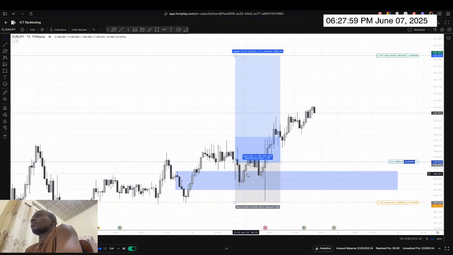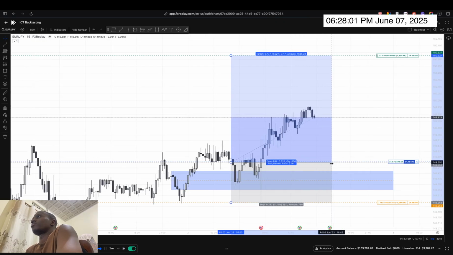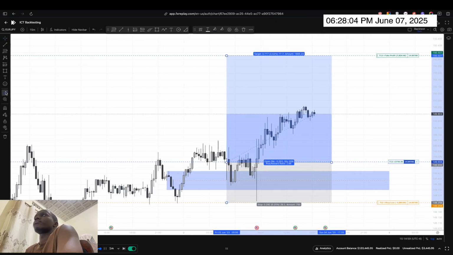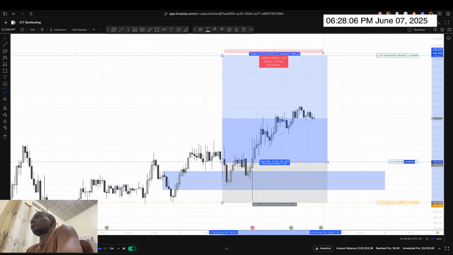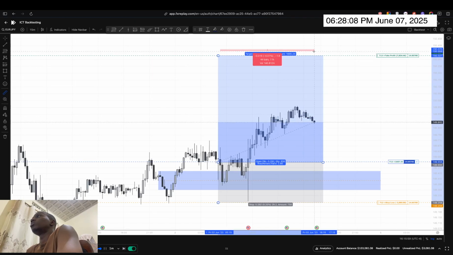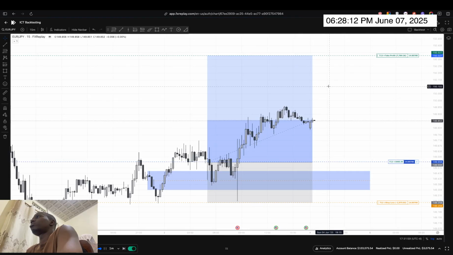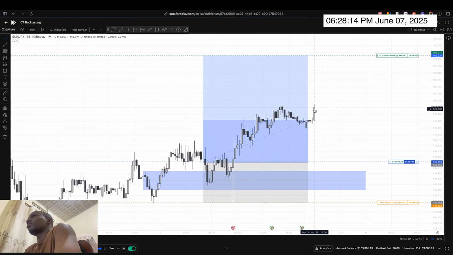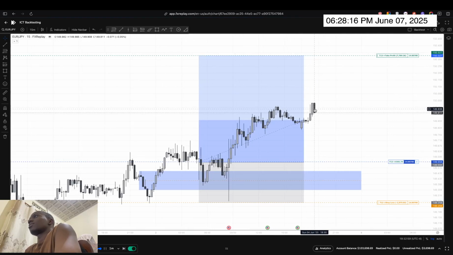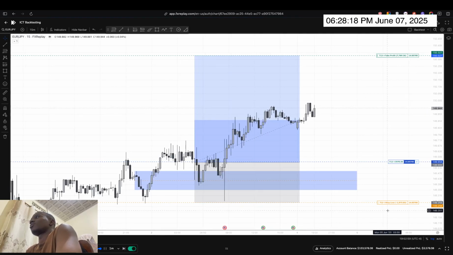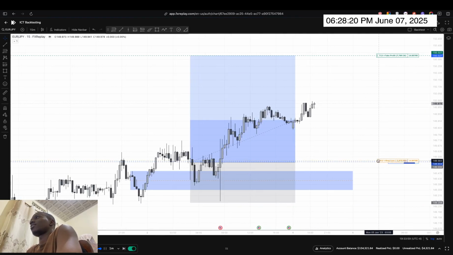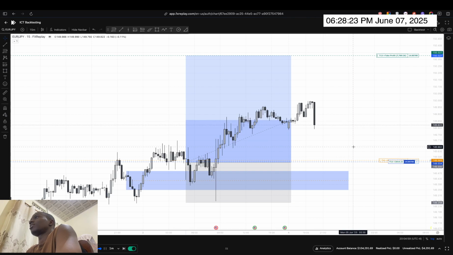Now look at all this time we'll be waiting for this entry to play out. Holding your trades over the weekend is risky because the market might open dropping or flying. So we move our stops to break even.